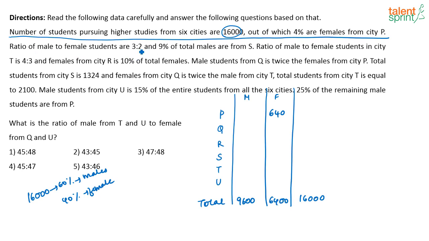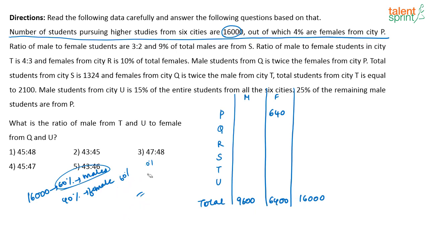See, 3:2, so 3/5 is male and 2/5 is female. What is 3/5 in terms of percentage? 60%. What is 2/5? 40%. So that's how I take, out of the 16,000, 60% male and 40% female. Anyway, we found this out in one question as well.